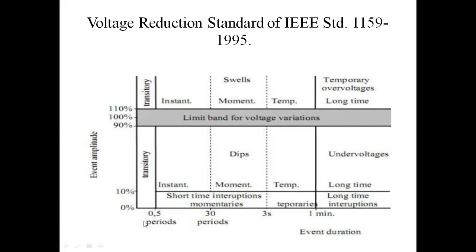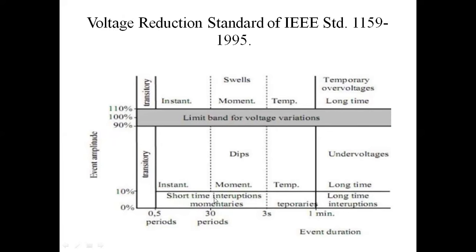This is the time period: 0.5 cycle, next 30 cycles, next 3 seconds and 1 minute. Here are voltage dips and voltage swell. Voltage swell means the magnitude of the voltage is more than 110%. Voltage dips means the voltage maintains 10% to 90%.